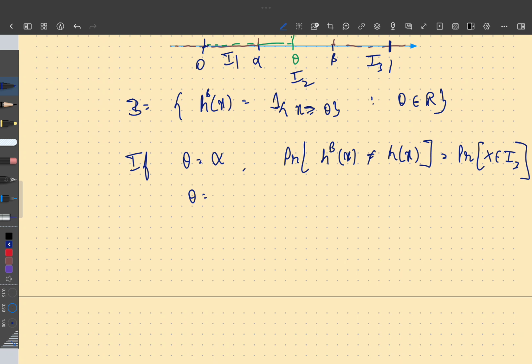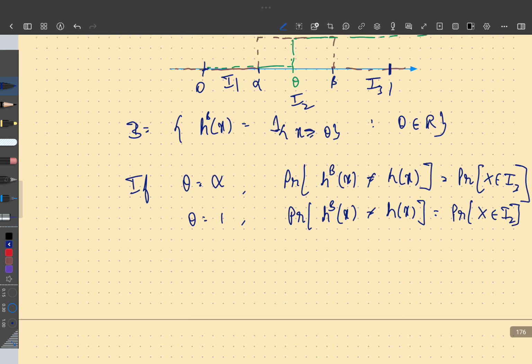And if I choose theta equal to 1, then the probability that HB of X is not equal to H of X is the probability that X is in I2.